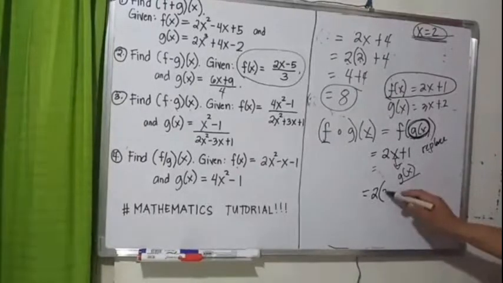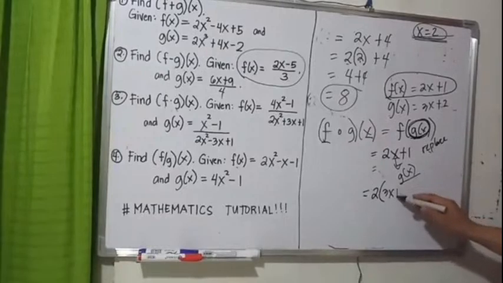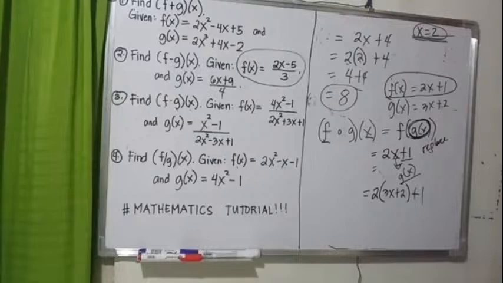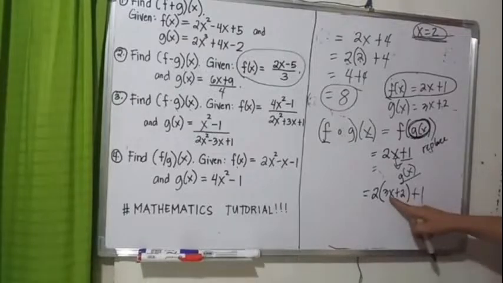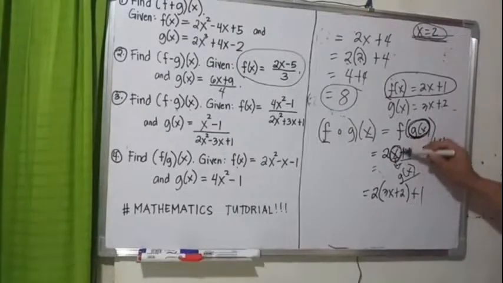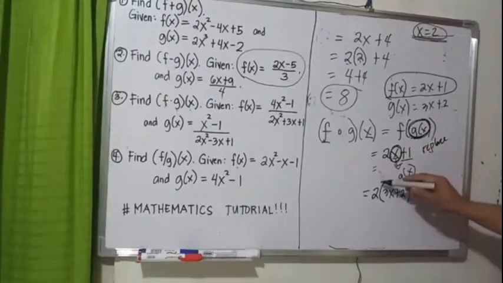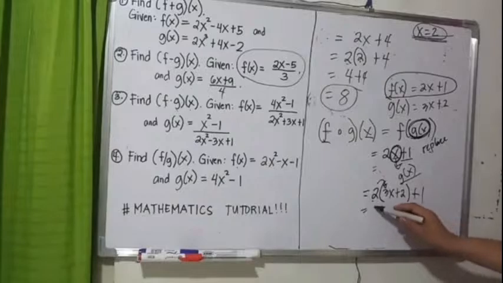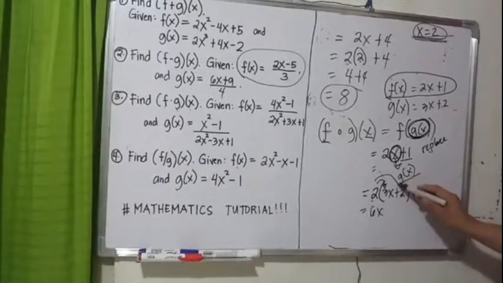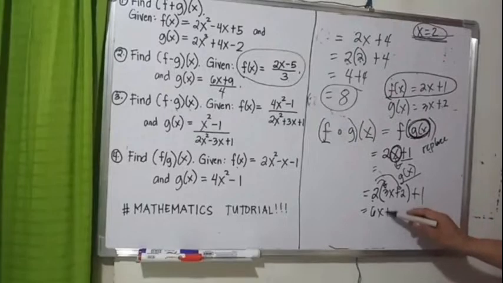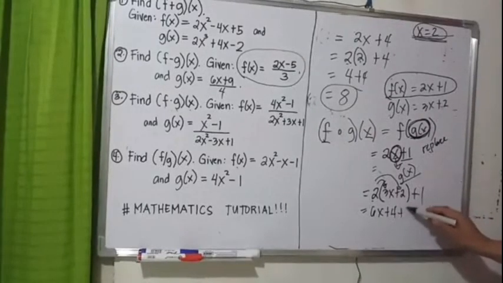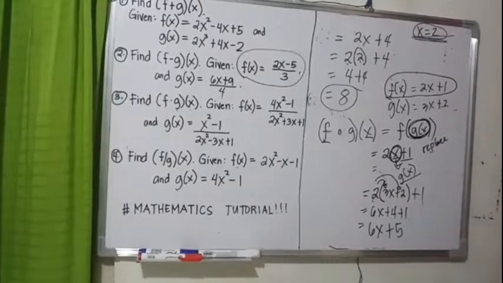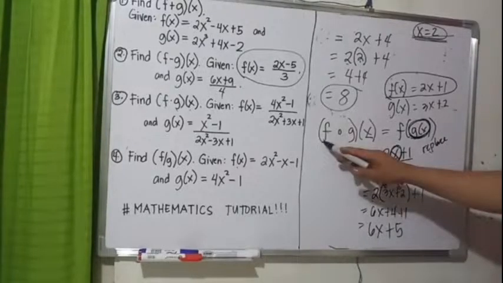That is 3x plus 2, then plus 1. So, yung 3x plus 2, that is yung x kanina. I-replace lang natin. Then, simplify. 2 times 3x, that is 6x. Then, 2 times 2, that is 4 plus 1. Then, simplify again. 6x plus 5. Pag f composed of g.